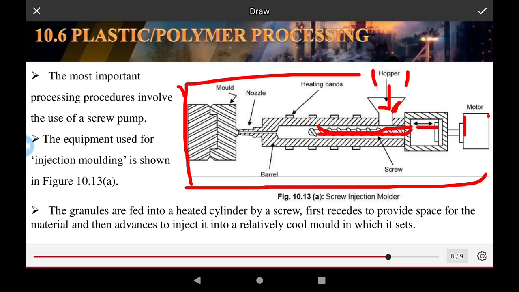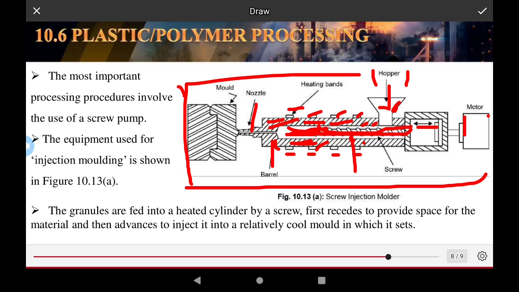This is the screw, with rotating motion, and the heating band. The band provides heat to the screw, so the plastic is generated in liquid form. This is the barrel, designed to support the content.